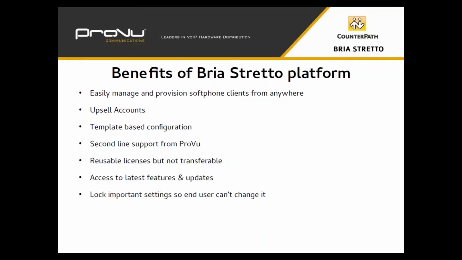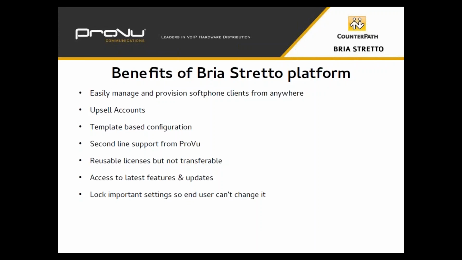Upsell accounts. Now this is quite a good one, really. For example, if you're selling, let's say, Snom desk phones, you may sell somebody one of the Snom desk phones, maybe the D765 for example. You can bundle together Bria with the phone. So if you've got a person who's just going to be using a desk phone whilst they're in the workplace, and you sold them a Bria Stretto mobile license, they'd be able to sign in on Stretto and use that when they're away from the desk.